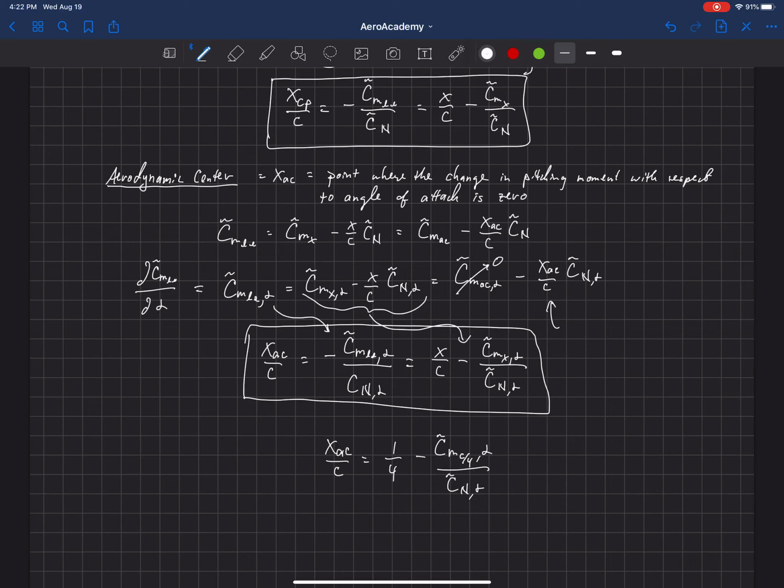So if you're given the information at the quarter chord, then this is the equation. Really, it's just a special case of that equation there where we've just plugged in the quarter chord. But you could have that information at any location along the chord and still find the aerodynamic center.